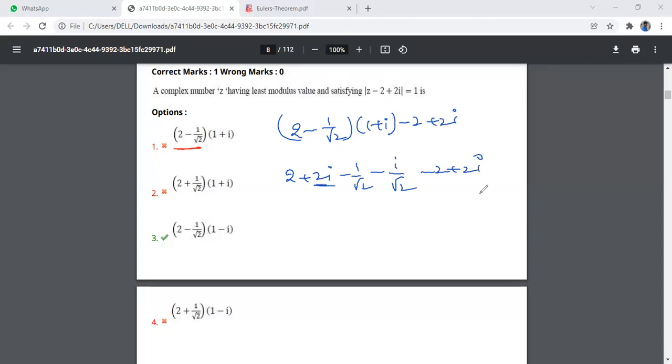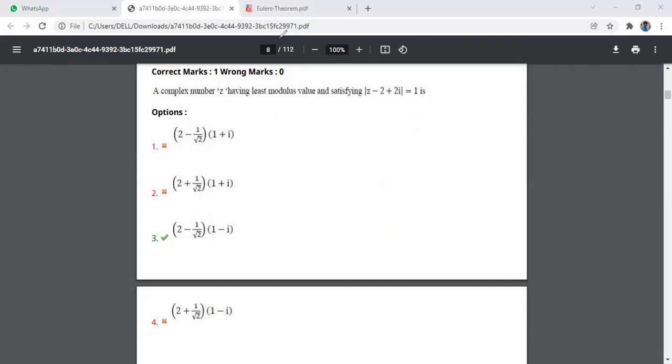This plus 2i means 4i, and this minus. So if you take i common, it will become 4 minus 1 by root 2. This and this cancel. This is minus 1 by root 2, and here it is plus. Now if you find the modulus of this value, you won't get 1. Okay, so simple. The verification procedure is best when you have the options. When you have the options, you get quick answers.